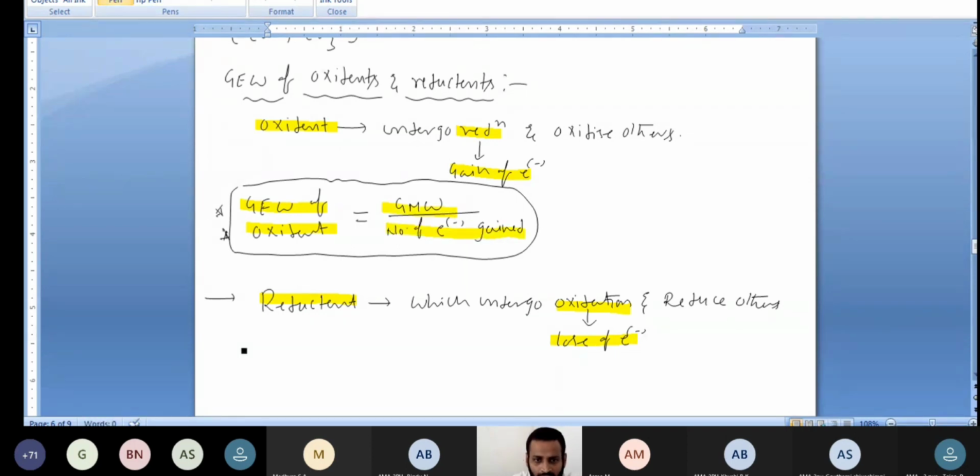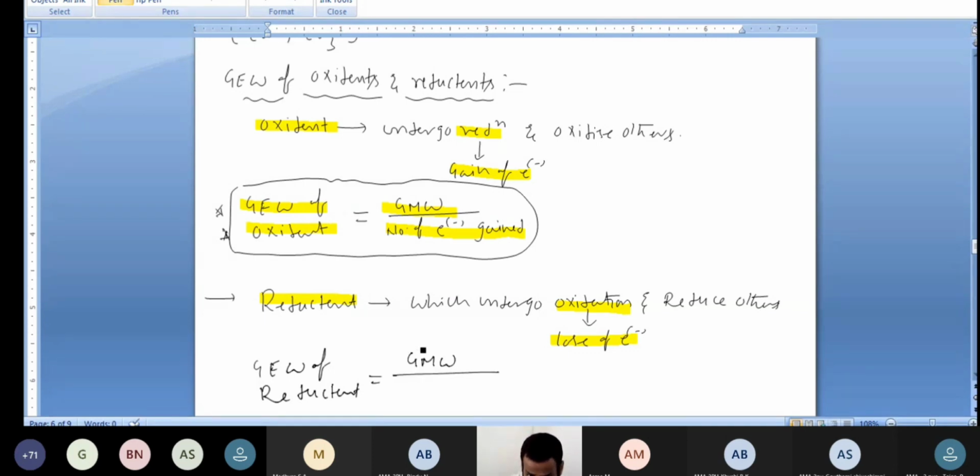Now I will write the gram equivalent weight. You can guess now. Gram molecular weight by number of electrons gained, I have written for the oxidant.